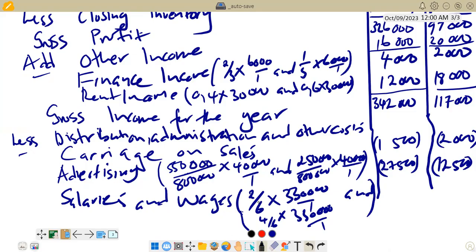If you say 2 over 6 times 330,000, the figure that you are supposed to get there is 110,000. So we can draw our lines down. Then the other one, 4 over 6 times 330,000, you get 220,000.